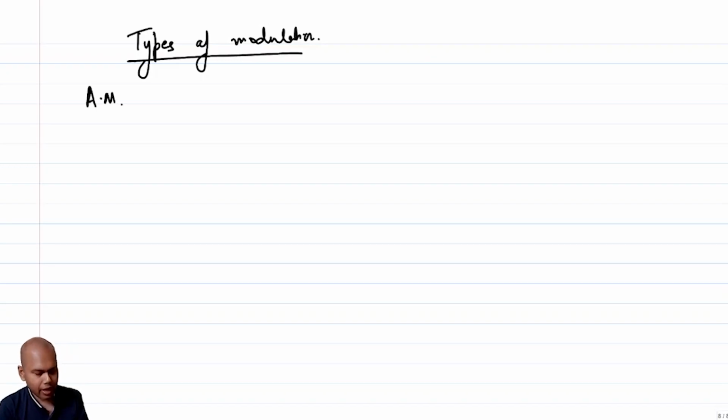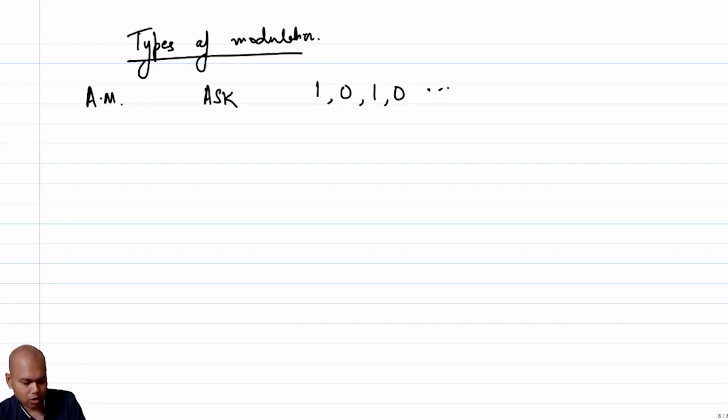But how do you make AM? It's an all digital world, right? Inside the chip, it's a digital world. So effectively, we do ASK, which is amplitude shift keying. The crudest version of this is, if you want to transmit bits of 1, 0, 1, 0, and so on, then what do you do in a very block diagrammatic sense?